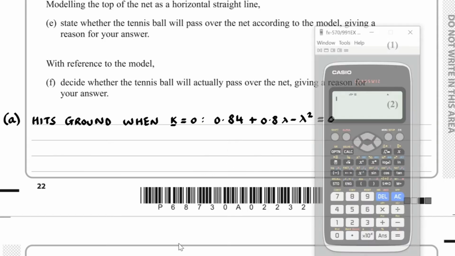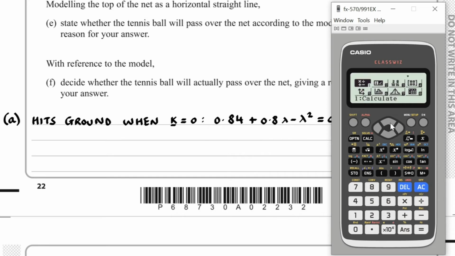So if I attempt to solve that, we can use our calculator to help us solve it. It turns out we get lambda equals 7/5 and minus 3/5.